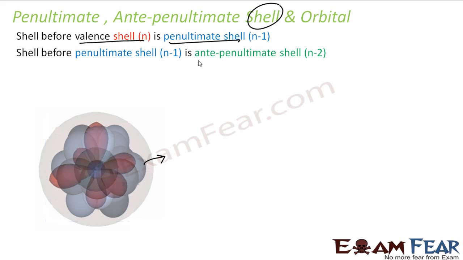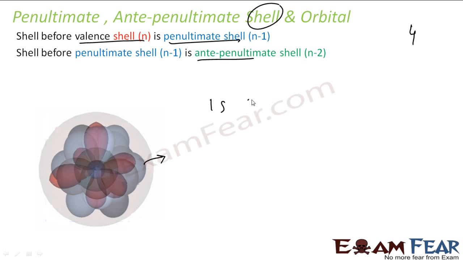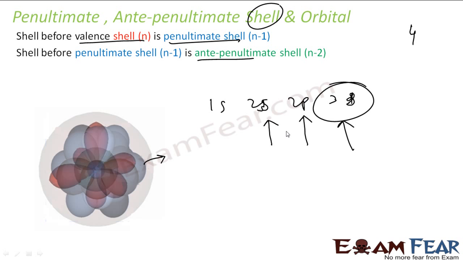Same thing: the anti-penultimate shell is the shell before the penultimate shell. Let's see this figure. This is the order we have: 1s, 2s, 2p, 3s. So if this is my last shell, this is my penultimate shell, and this is my anti-penultimate shell.